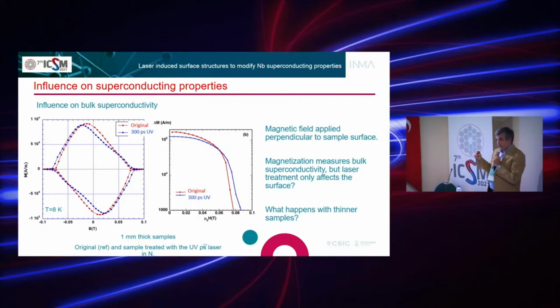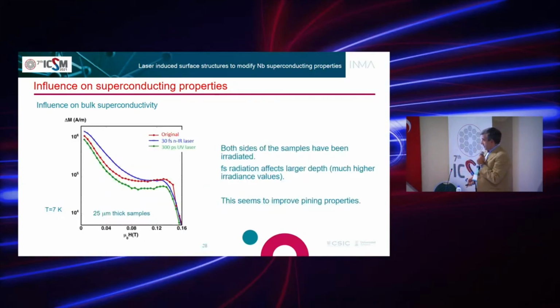So we were thinking, okay, if we are modifying both surfaces, because usually we treat both surfaces, and the sample is 1 millimeter thick, and we are measuring bulk superconductivity, we don't expect too much change due to the change on the surface, because we modify the pinning only in the two borders of the line.